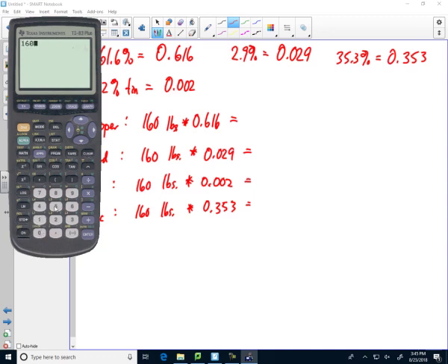160 times 0.616. For the amount of copper, I got 98.56 pounds. Okay. Now, if you do second entry here, you get the 160, and then you just go right in here and change this. 0.029, 4.64.